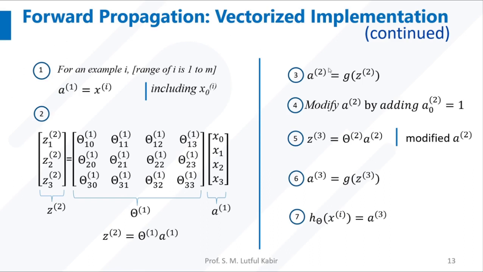But up to this, we have discussed how to calculate different quantities like A, then Z, etc. in the case of a neural network, from the starting point up to the last one. If you apply this vectorized form, then life will be very simple. You don't have to write the loops and so on.